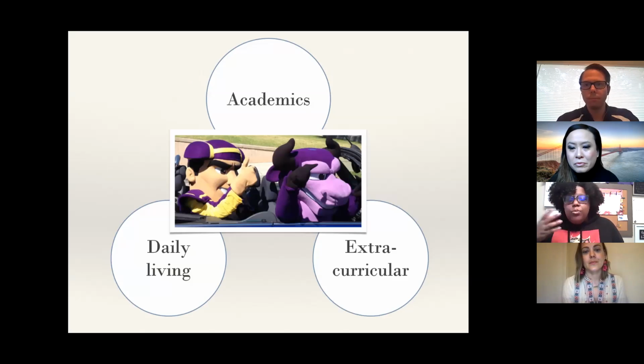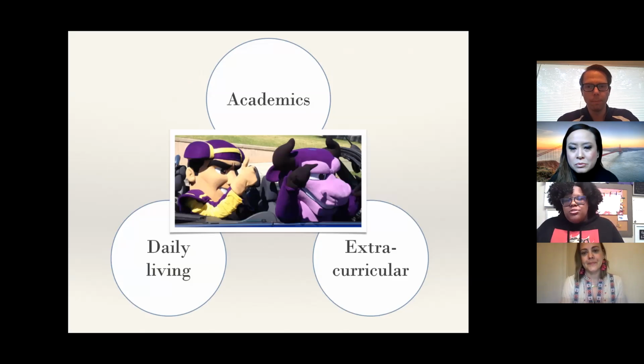So when you're selecting your courses and deciding what you want to do, we really hope that you have a balance. As you can see from these circles, academics, daily living, extracurricular, they're all the same size because they're all important. And so it's good to make sure that they're balanced.